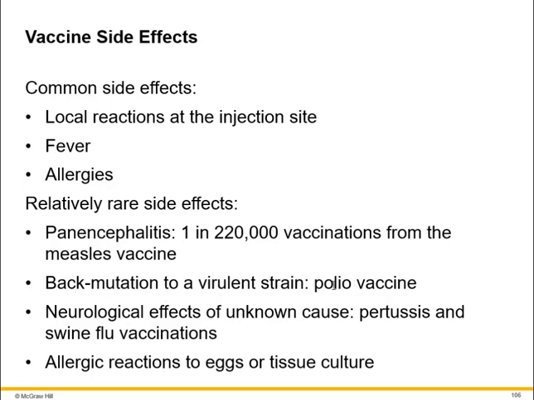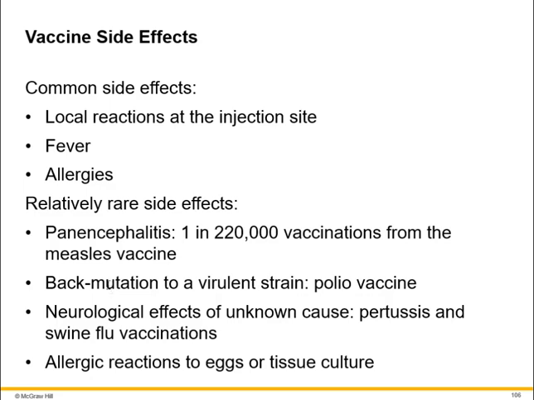This happened with the polio vaccine, and a few people would get this every year. It would back mutate to the original virulent strain, and it would give them polio. Neurological effects of unknown cause: the pertussis and swine flu vaccines were taken off the shelf because they were causing some unknown neurological effects.